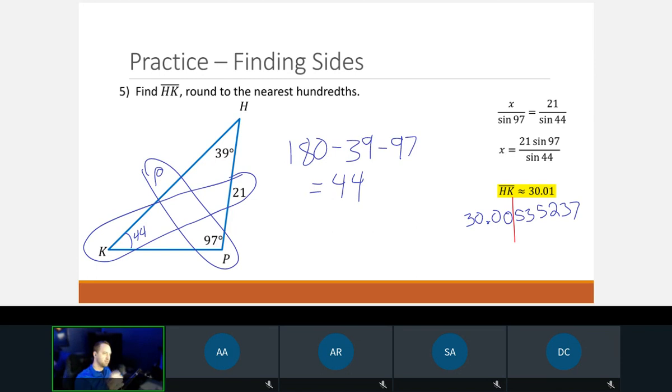Then I look at what's after that vertical line and ask myself, is this number a 5 or higher? If the answer is yes, we add 1 to this place right there. So 0 plus 1 is 1, and then everything else carries down. In my opinion, your teachers in grade school probably should have shown this way.